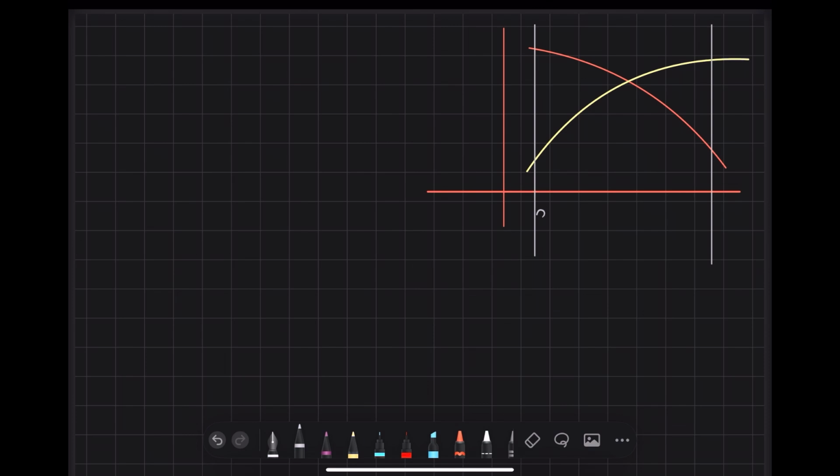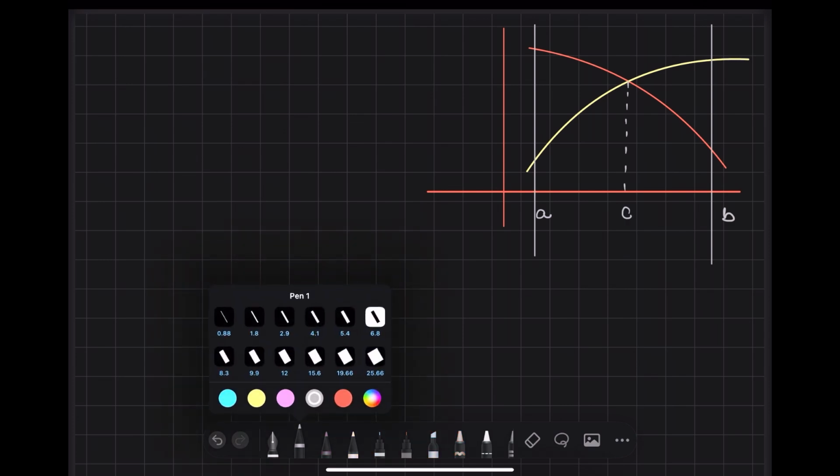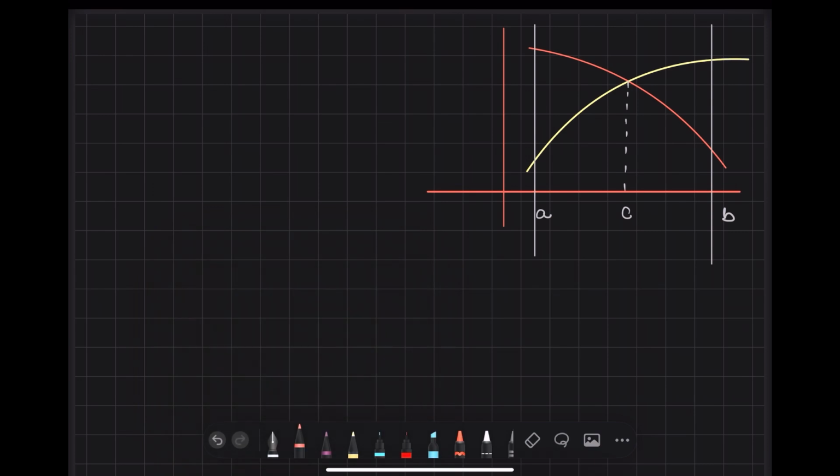Suppose this is A, suppose this is B, and this intersection point is C. So you have to find out the intersection point. Suppose it is f of x and suppose it is g of x. So what you have to do? You have to first find out the intersection point, that is C, for the required area.